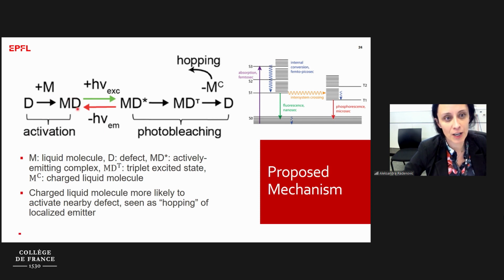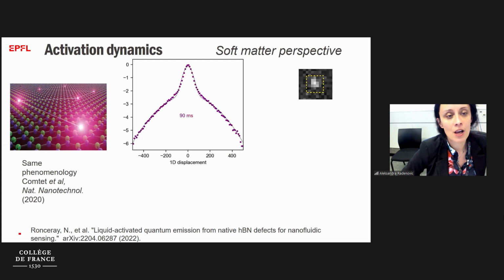This interaction, or maybe formation of a bond, lowers locally the band gap in our semiconductor, and by interacting with the photons, we change the state of this complex, and then after some time, likely the molecule unbinds, and we re-enter the same loop of activation, deactivation.